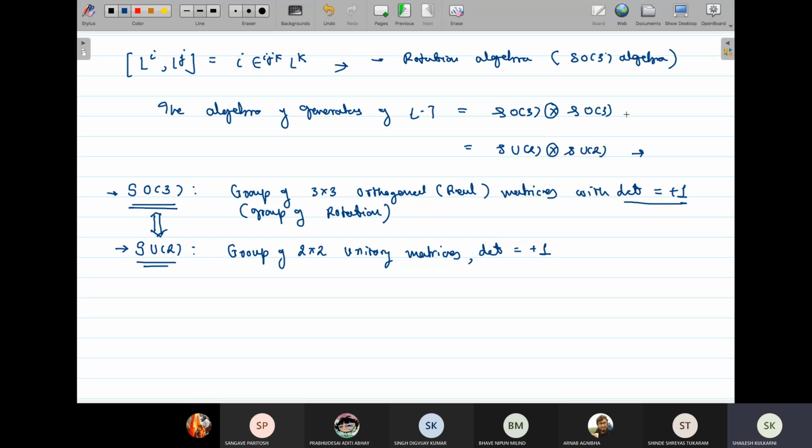Similarly, your boosts and rotations generate the Lorentz group. If you know J's and K's, you know what lambda omega is. You just have to fix the parameter, tell me what Lorentz transformation you are considering, and I can give you its matrix elements, that 4 cross 4 matrix.